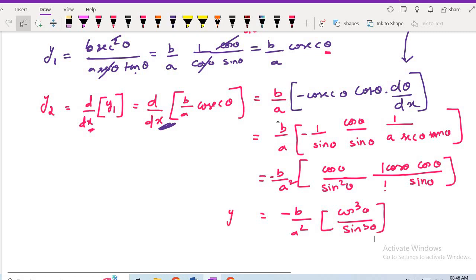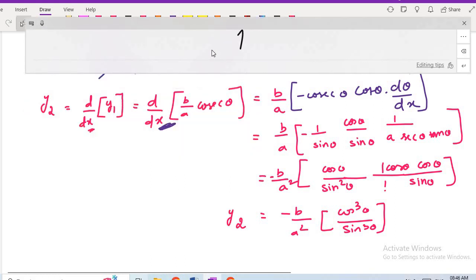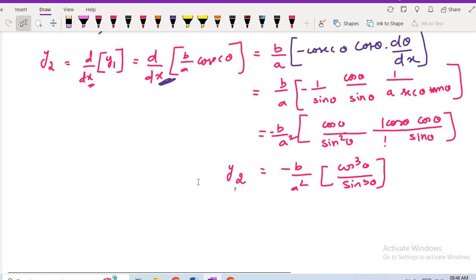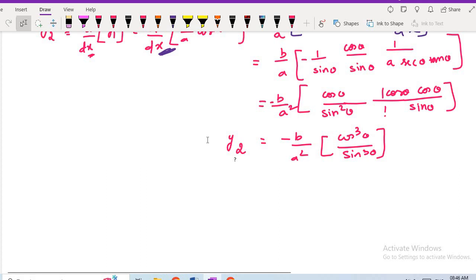Okay, so this is our y2, but no need, we can keep it as it is, because later we are going to substitute that y2 value directly. Again, if you write it in terms of cot theta also, we are going to replace it. So already we know very well the procedure for finding the evolute.